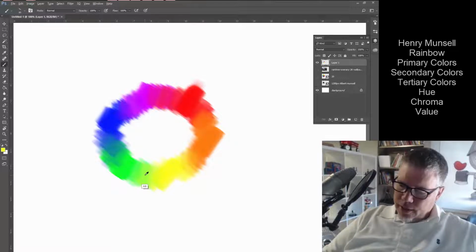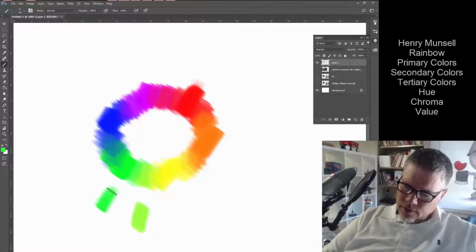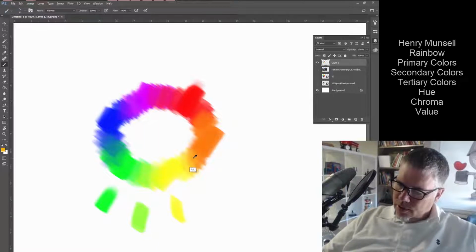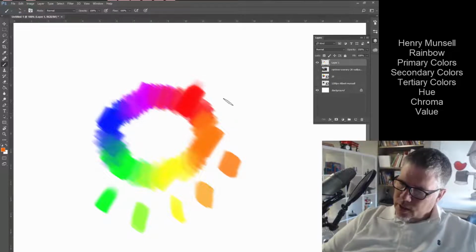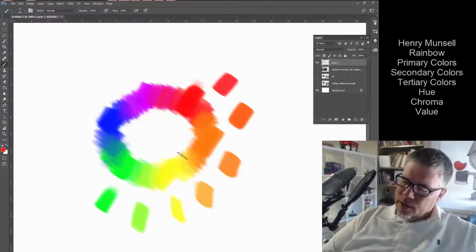And you can see when I pick out these colors right here, if I pick that one, that green is different than this green. And then we go to yellow, and then we go to this really light orange, and then a darker orange, and then a reddish orange, and then red.